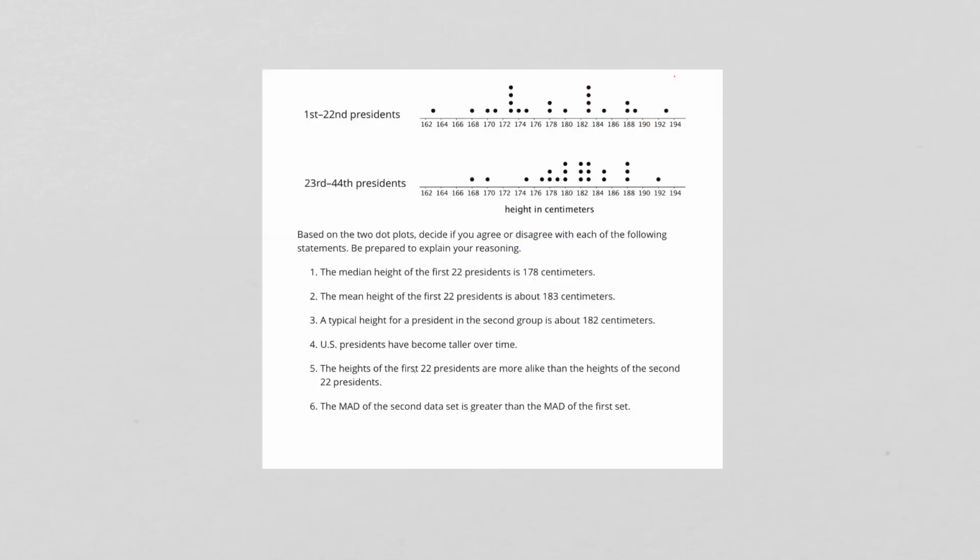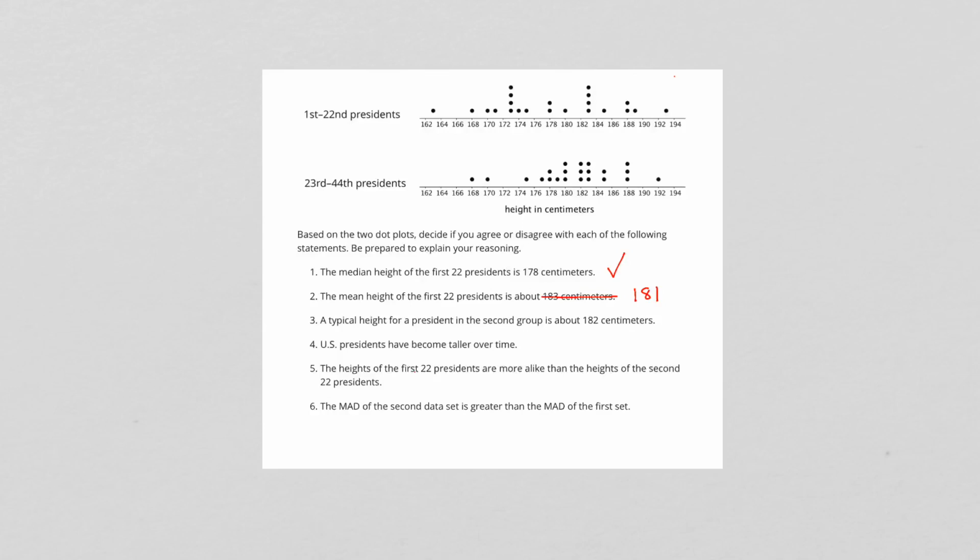So we can answer all of our questions now. We know that the median height of the first 22 presidents was 178 centimeters. Yeah, we said that's true. The mean height of the first 22 presidents, I think we figured out that it was 181. A typical height for a president in the second group is about 182 centimeters.